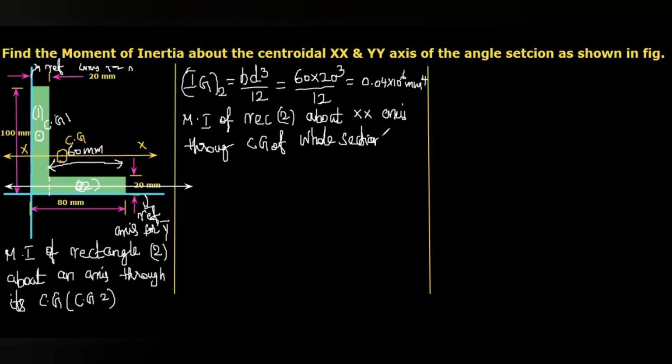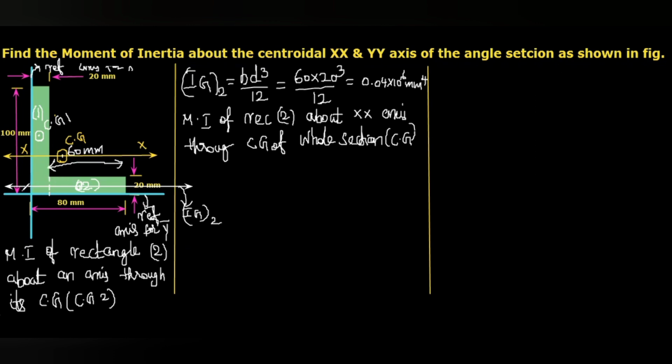Okay, this one is CG. Do you understand? This IG2 value is moment of inertia with respect to this axis. But we need moment of inertia with respect to this axis, xx axis, passes through CG. Do you understand? For that, we can use parallel axis theorem.